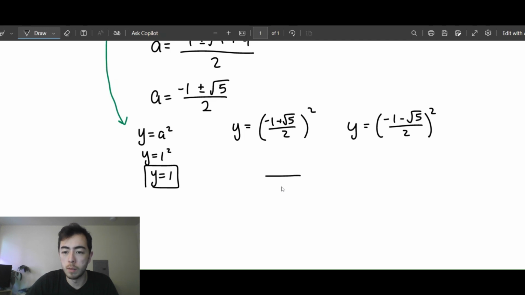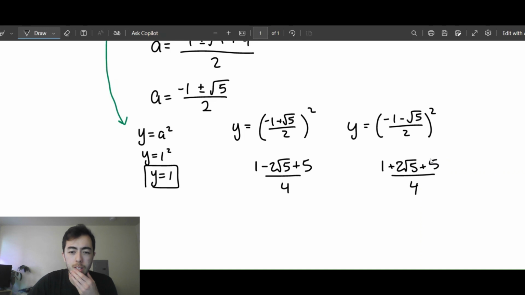So squaring the bottom, I'll get over 4 for both of these. And then squaring the numerator, I'll get 1 minus 2 root 5 plus 5 over here. And then this one will be 1 plus 2 root 5 plus 5. Okay, so I am getting two distinct answers. I'll combine my like terms to get a 6 minus over here, and then this one will be a 6 plus.